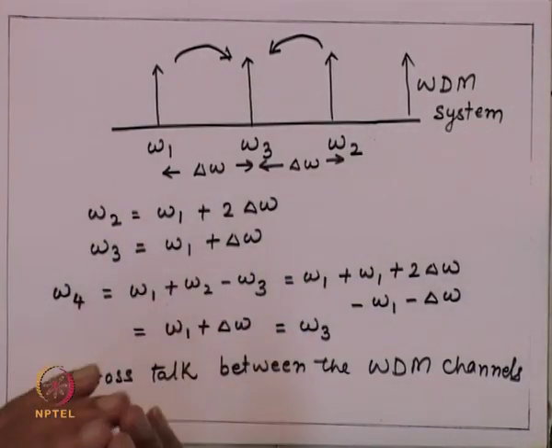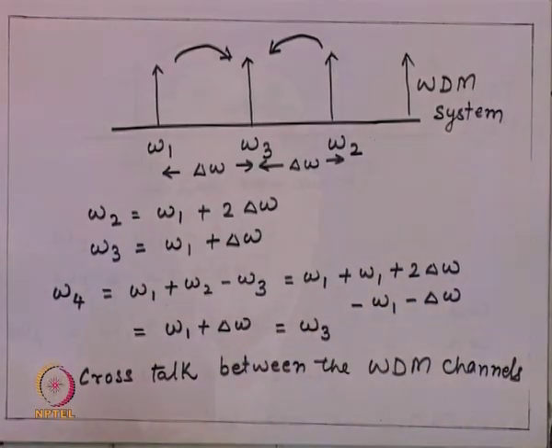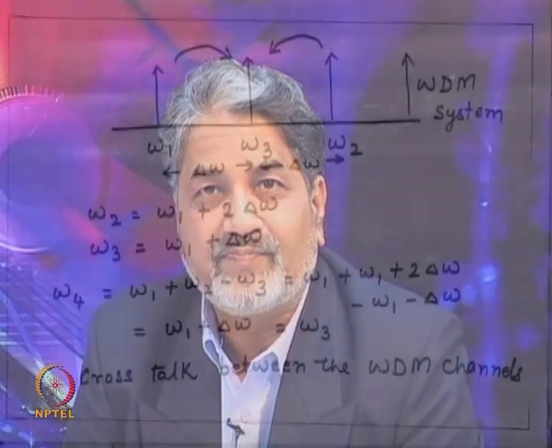So, if the nonlinear effects are present, then one of the solutions would be that we should put the channels such that they do not lie on this grid, so that the power from one channel to another channel cannot flow because of this kind of relations here.